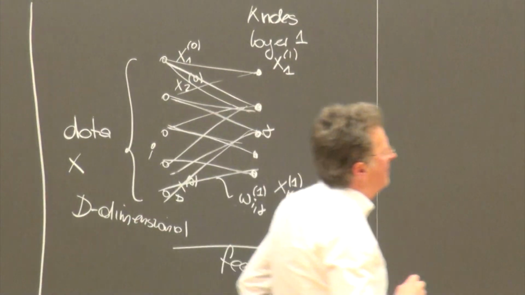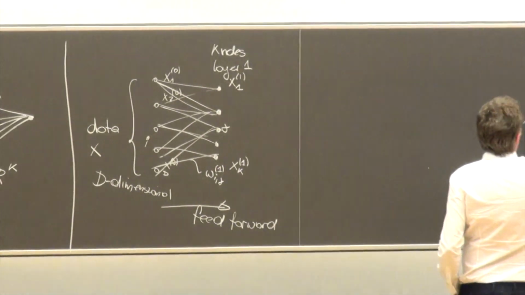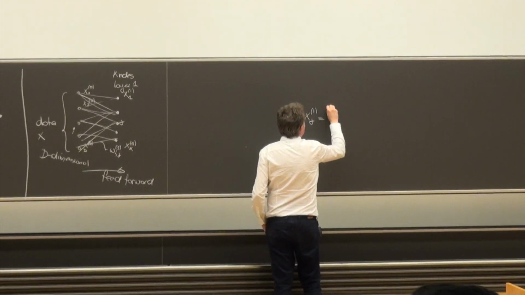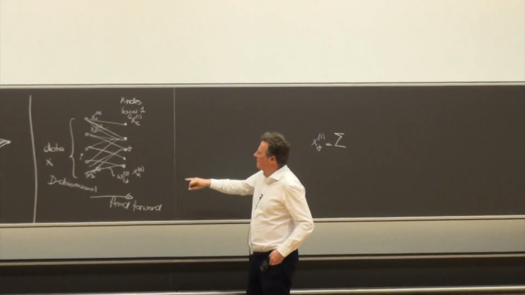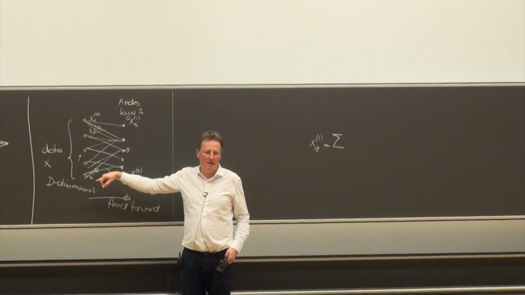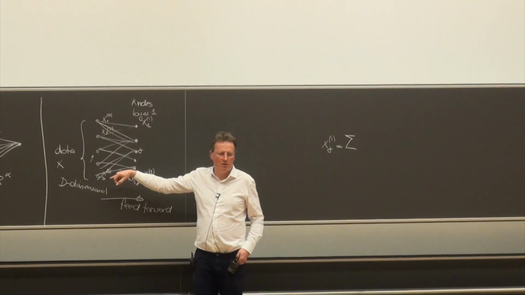So now, what is the description? How do I get my x? If I'm looking at x at layer 1, and I'm looking, let's say, at j, this node j is connected to all the possible inputs. So it's just going to be a weighted linear combination of the inputs.